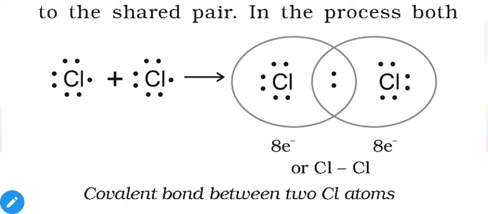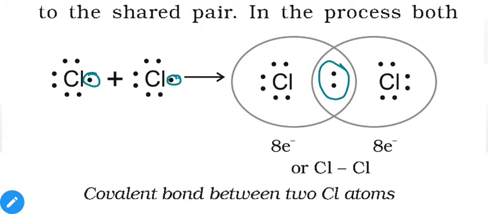Both contain one single electron and both lack one electron to gain noble gas like configuration. So they will share the single electrons present in them, and the common electrons are now part of both chlorines. So we have one electron pair common between the two chlorines.